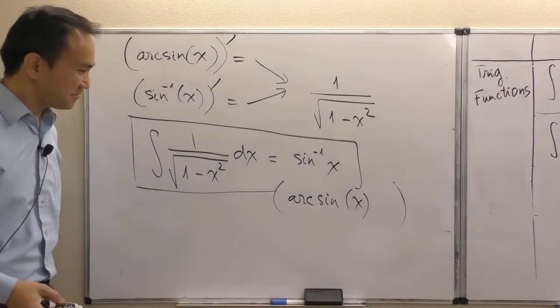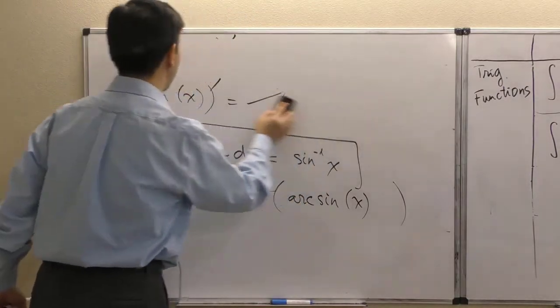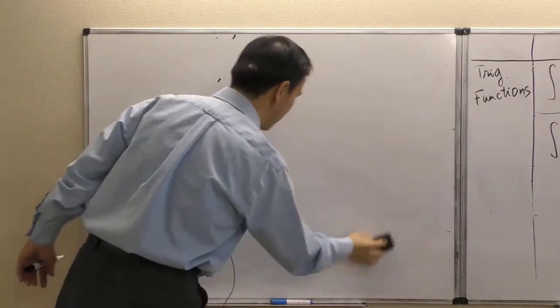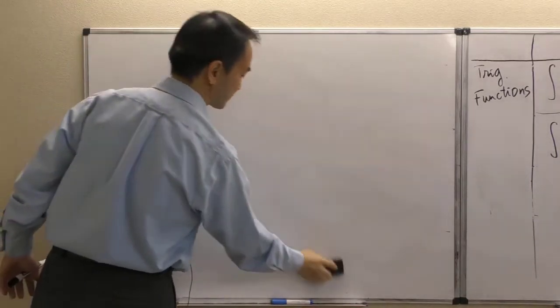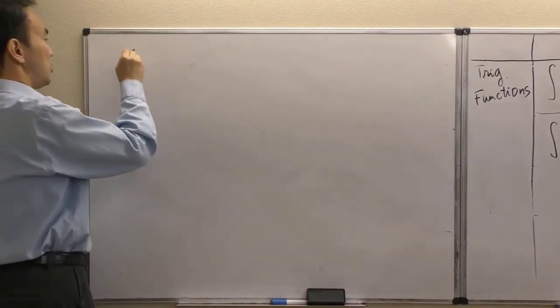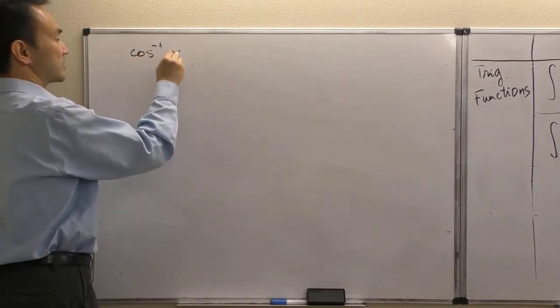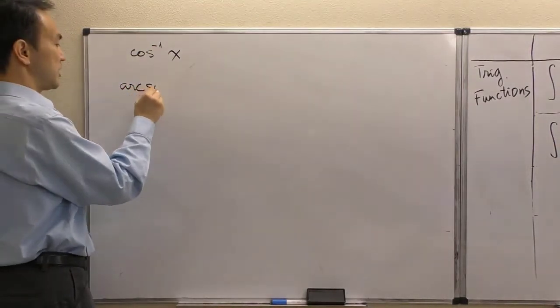Okay, and then the same thing here we also recall. So now you can see that I'm getting into the inverse trig functions. Then we also had cosine inverse of x, and many textbooks use the symbol arc cosine.